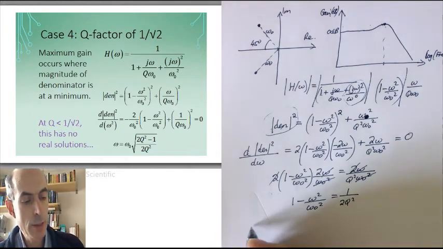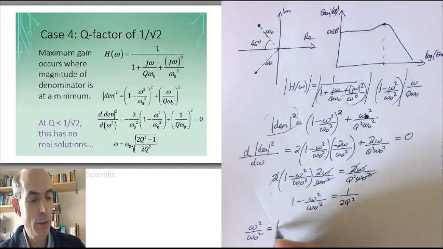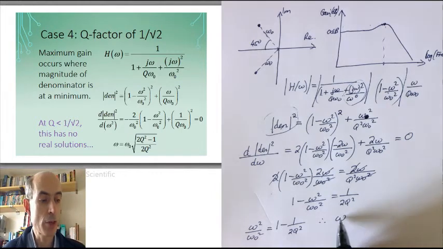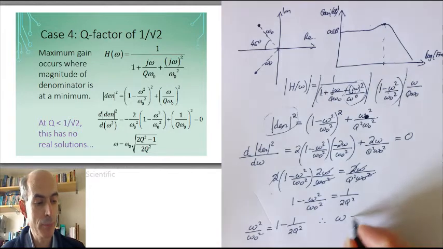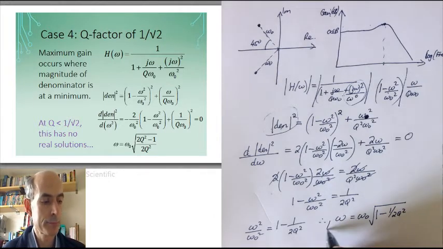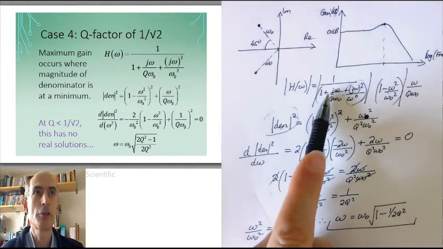And that gives me that omega squared over omega naught squared is 1 minus 1 over 2Q squared, and therefore that omega, the frequency at which the maximum actually occurs, is omega naught times the square root of 1 minus 1 over 2Q squared. And if I wanted to know what my maximum gain actually was, I could take this value of omega and substitute it back into the expression up here.